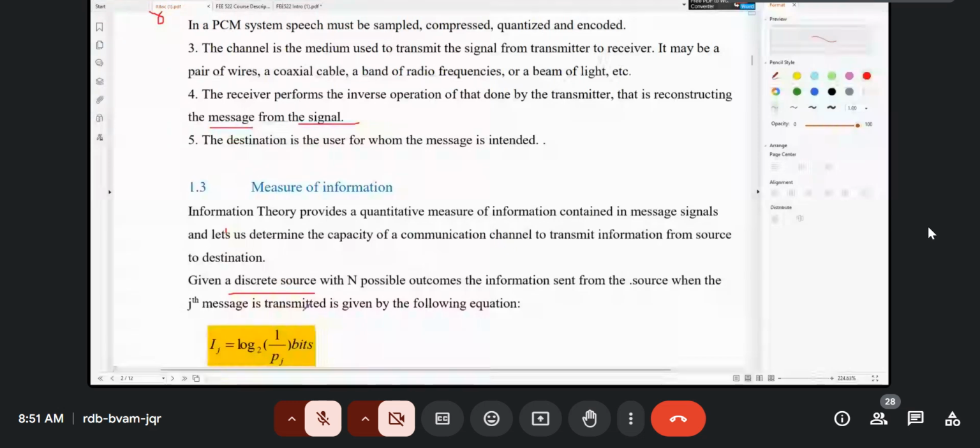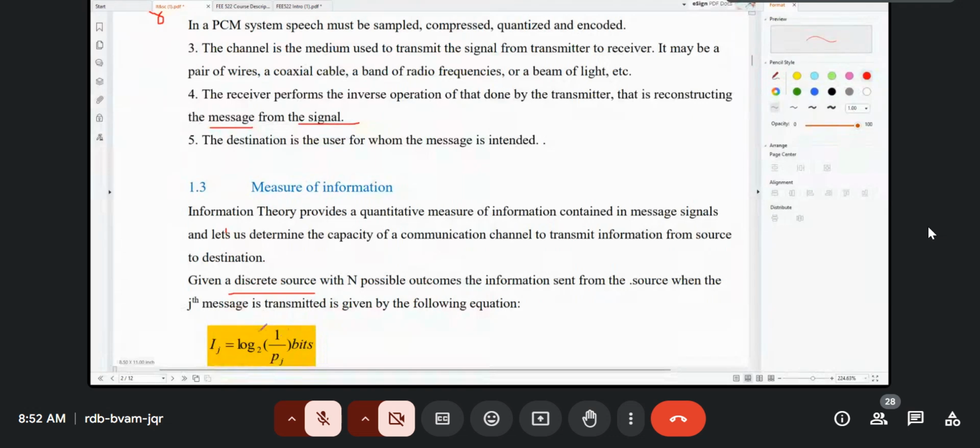So we are going to look at the memoryless source, and we are saying for a discrete source, which in our case will be a memoryless source, with n possible outcomes, it means you have n possible messages. And we are saying j goes from 1 to n. That is what we mean here: we have n possible outcomes.